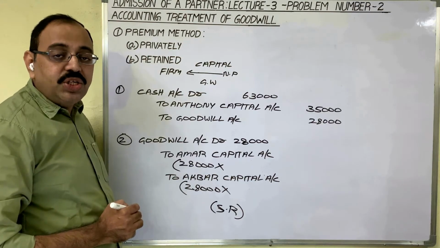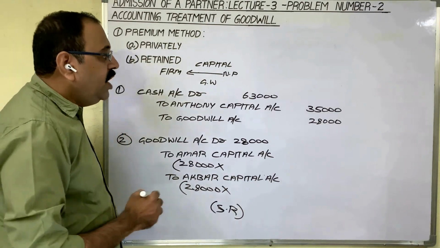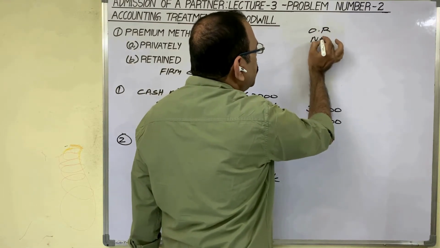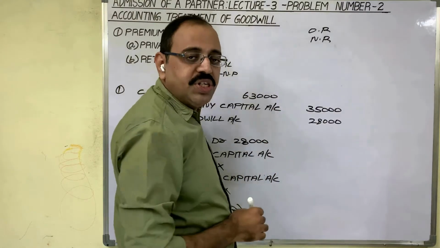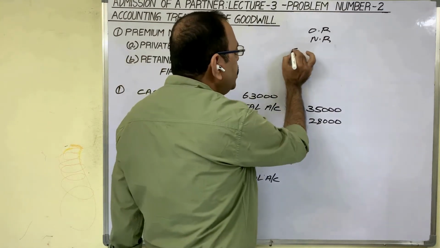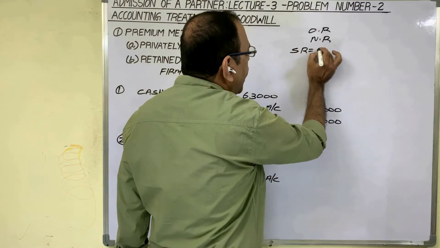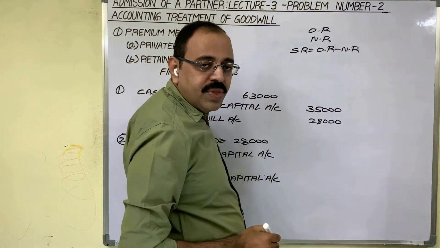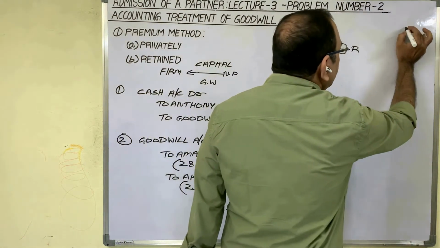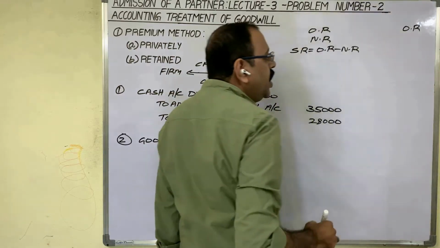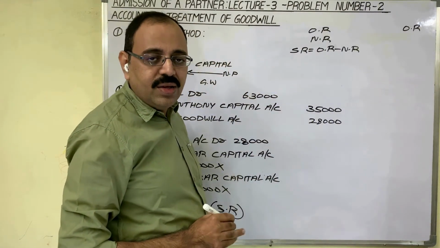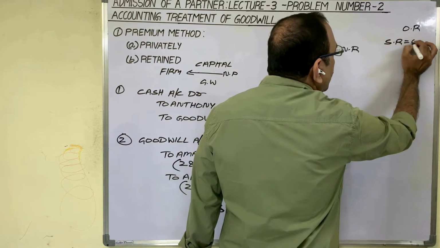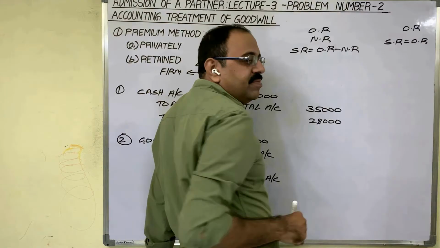If the old ratio and new ratio both are given in the question, then sacrificing ratio is calculated by using one formula: old ratio minus new ratio. If the new ratio is not given in the question, only the old profit and loss ratio is given, in that case sacrificing ratio and old ratio both will be the same.